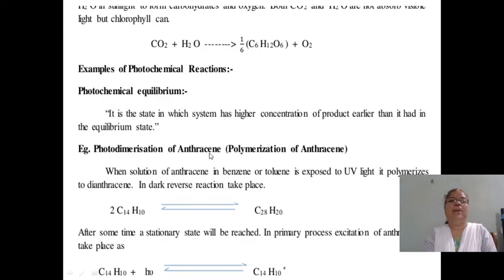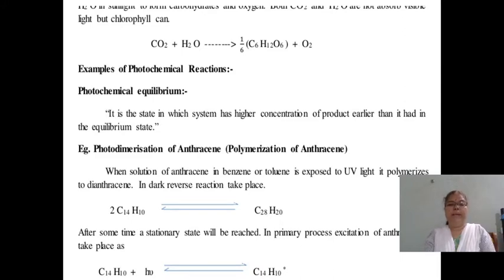Another example of photochemical reaction is the photochemical equilibrium, or the photodimerization of anthracene, or polymerization of anthracene. This dimerization of anthracene is the example of a photochemical equilibrium reaction.